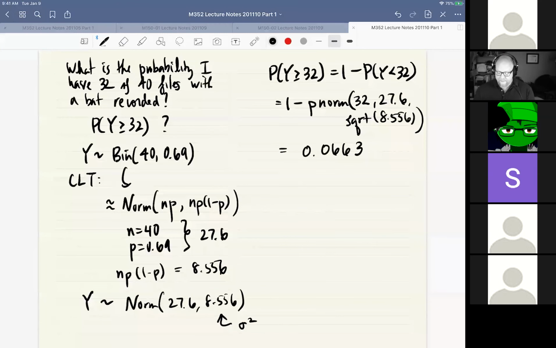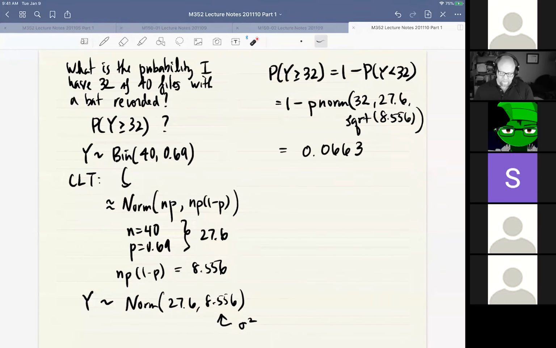So it looks like there's about a 6.5% chance that 32 or more of my files will have bats in them. And that kind of makes sense, because this normal distribution has mean n times p, 27.6, which is the number of files I would expect.